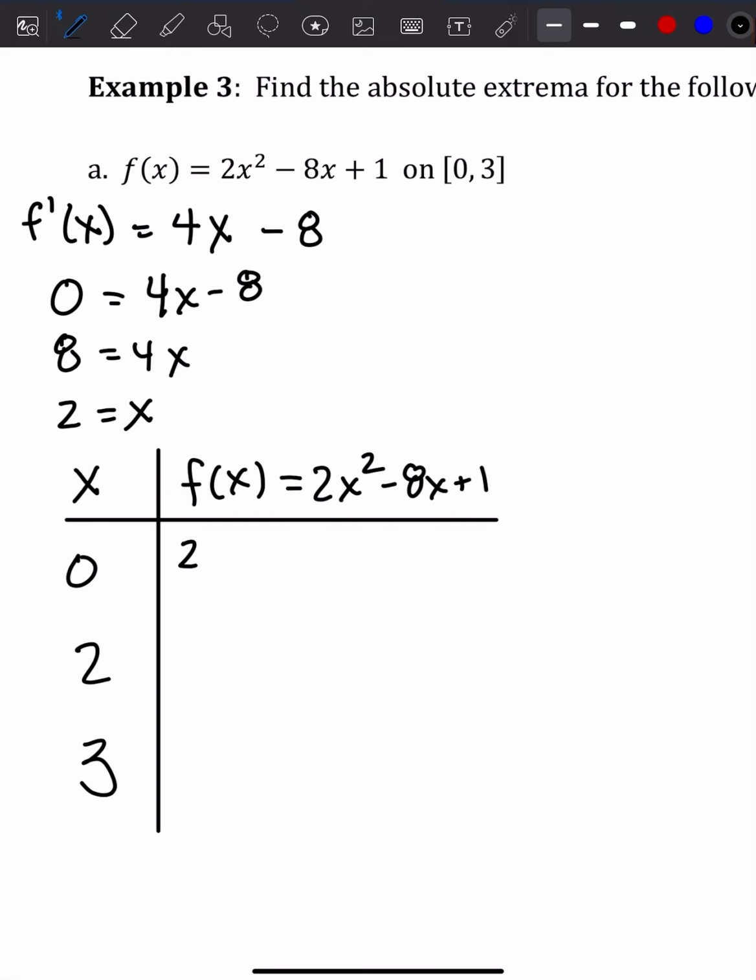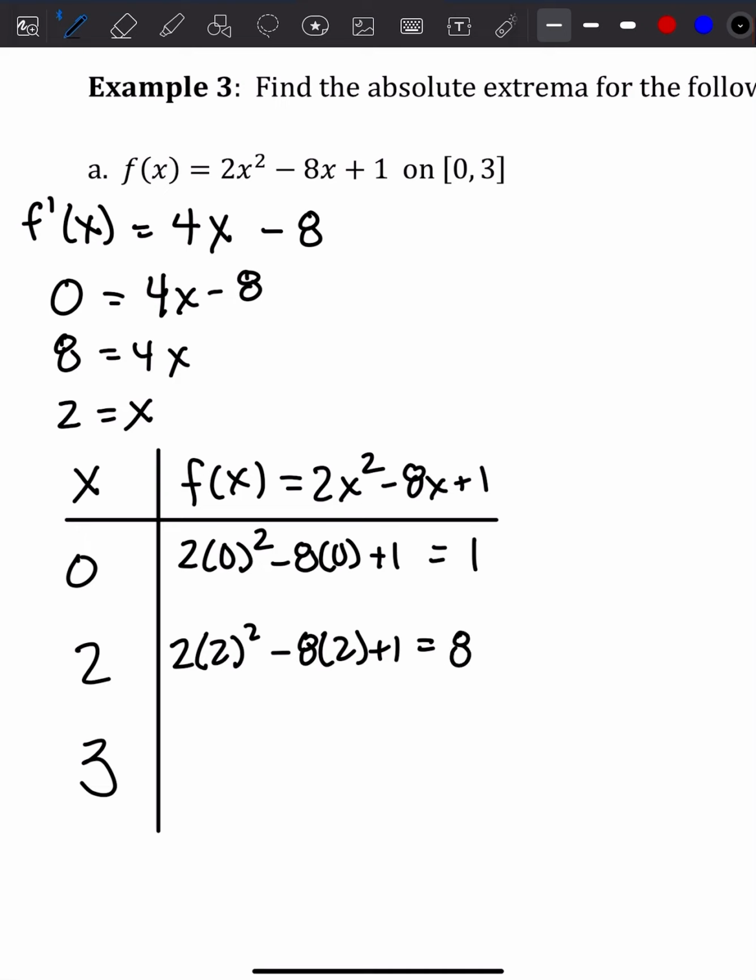So if we plug in 0, we're going to get 1. We're going to plug in 2, which gives us 2 times 4 minus 16 plus 1, which is 8 minus 16 is negative 8, plus 1 is negative 7.